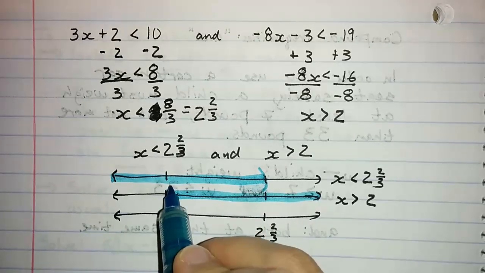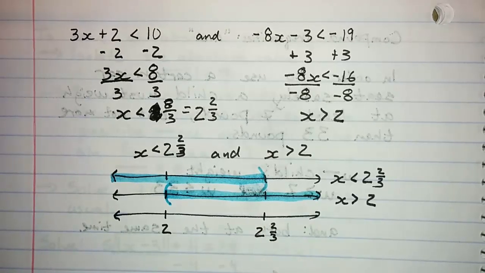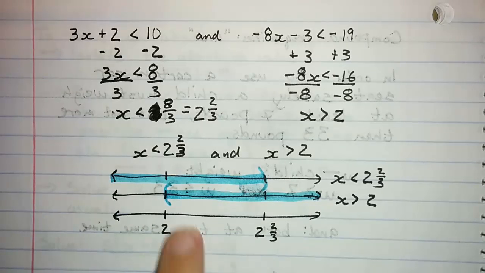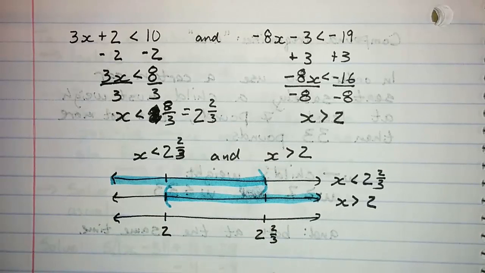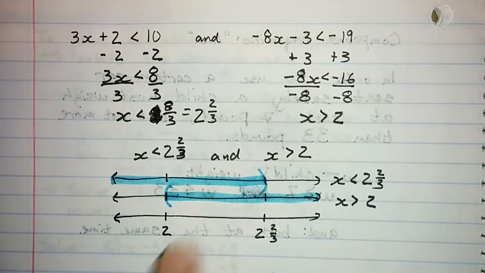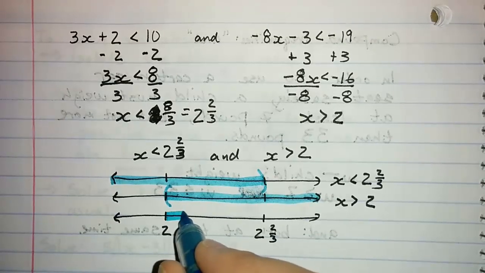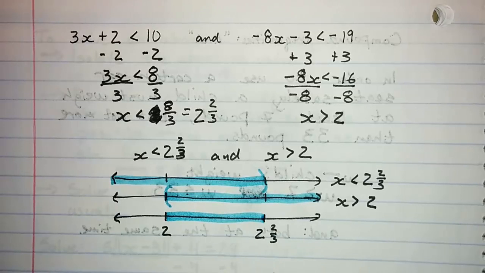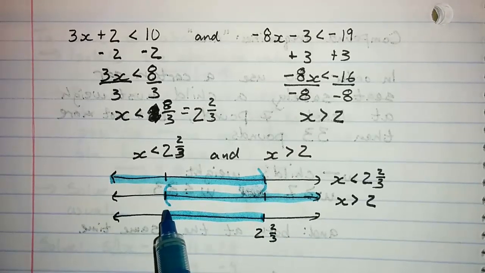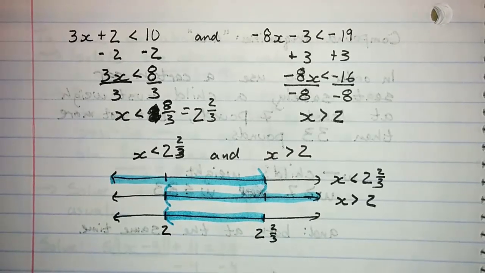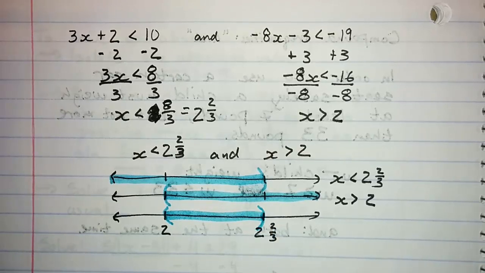Here's 2 and everything to the right of it. 2 also gets a round bracket. And now I'm going to look at where the two overlap. It looks like the points that are on both of these lines are the ones between 2 and 2 and 2/3. Same shape bracket over here, same shape bracket over here.